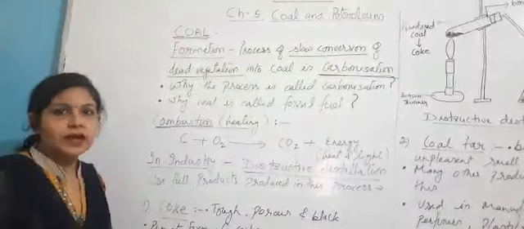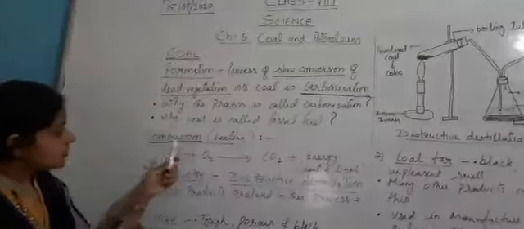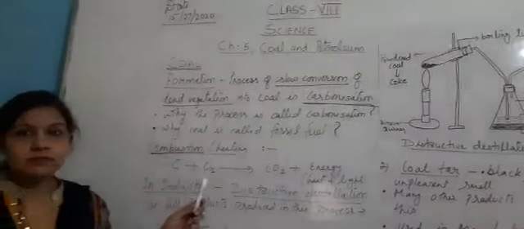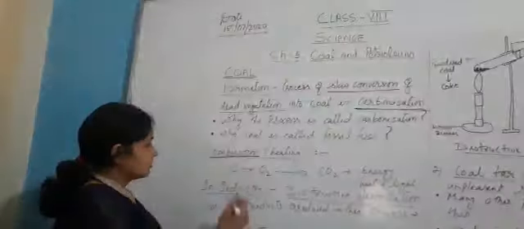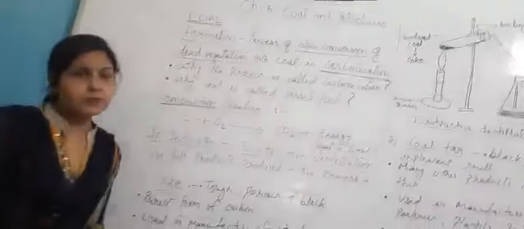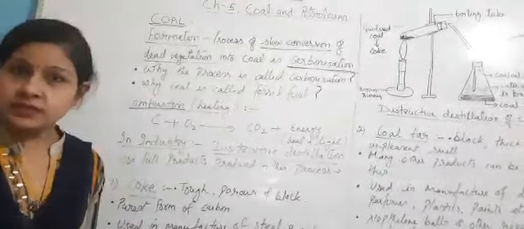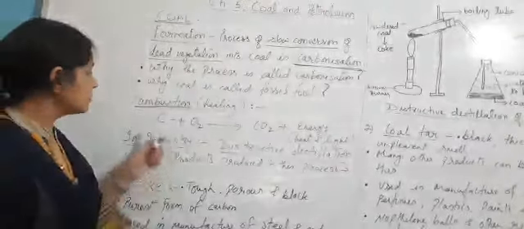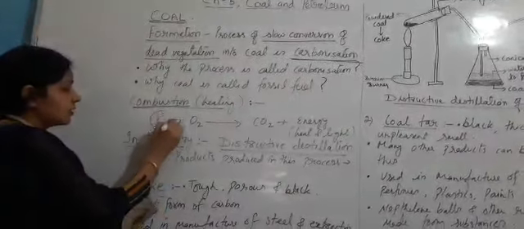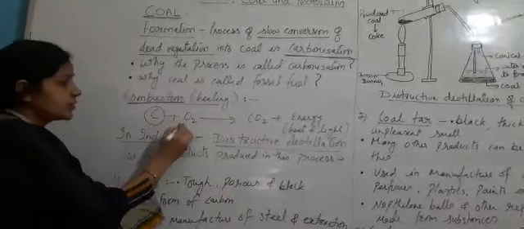Children, in the last topic I told you that coal is used for many purposes, and we get heat or some other energy from these fossil fuels. Here we will see that the coal is burnt in presence of oxygen.